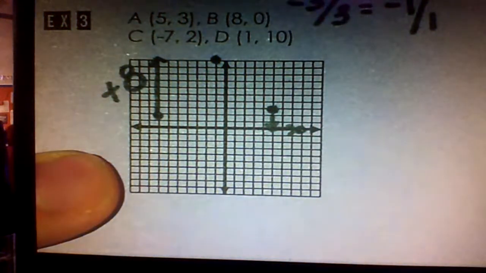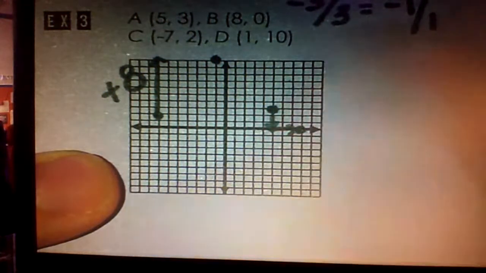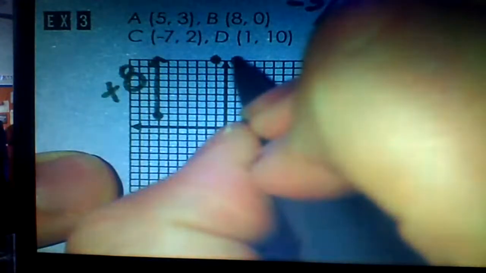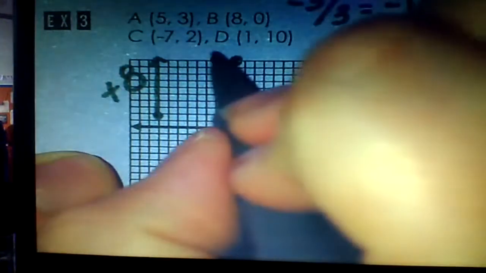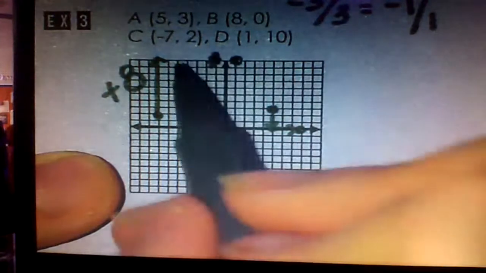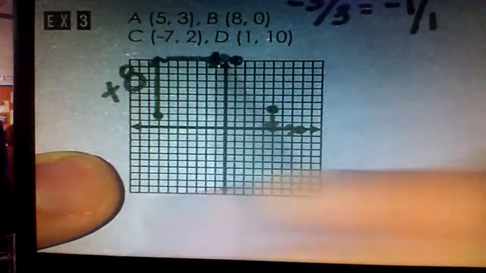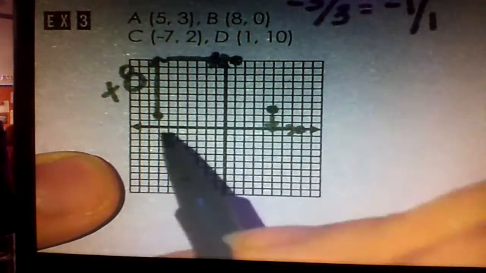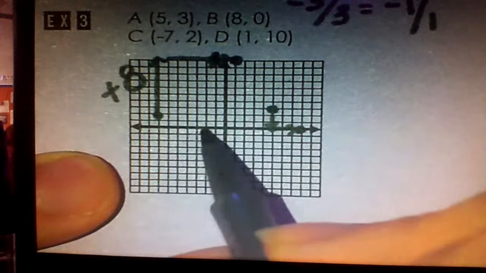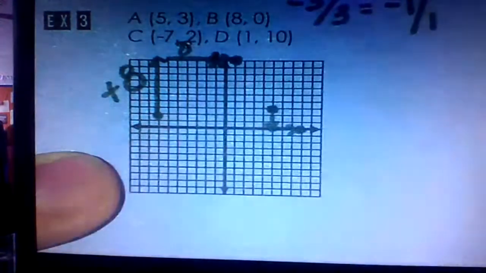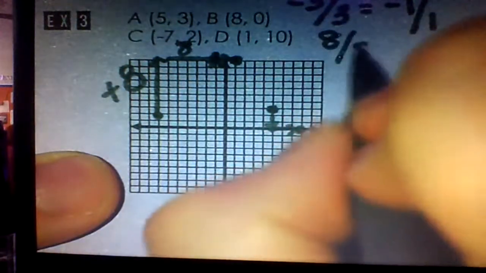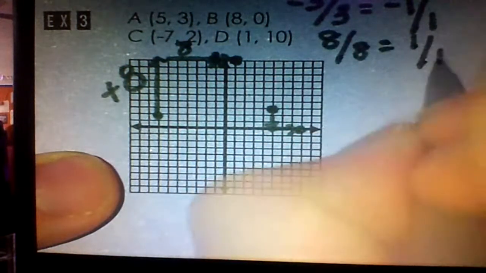And then I count to the, whoops, I put it in the wrong spot. It should be over here. My bad. Okay, so now when I count to the right, 1, 2, 3, 4, 5, 6, 7, 8. So this is 8 over 8, which is 1 over 1.